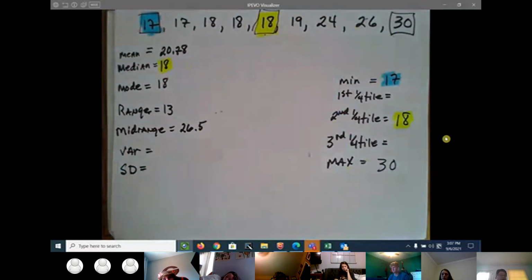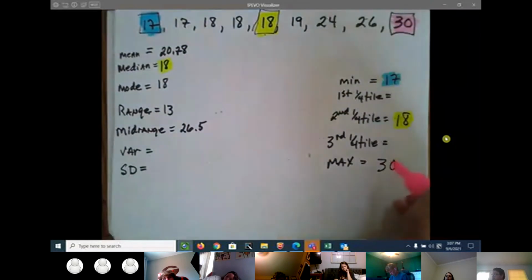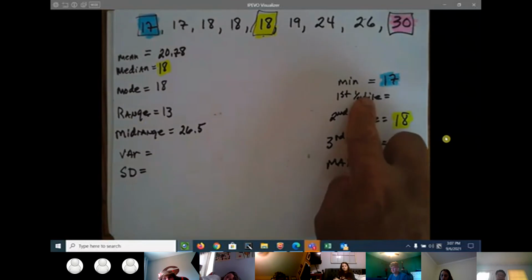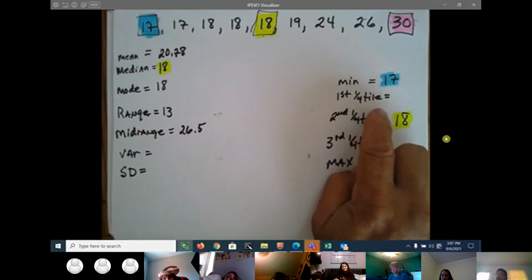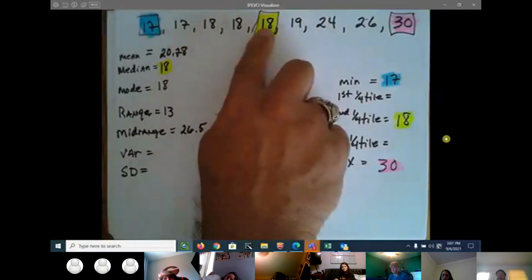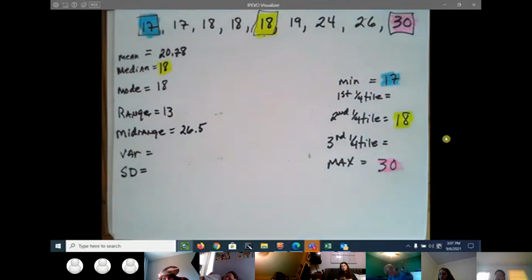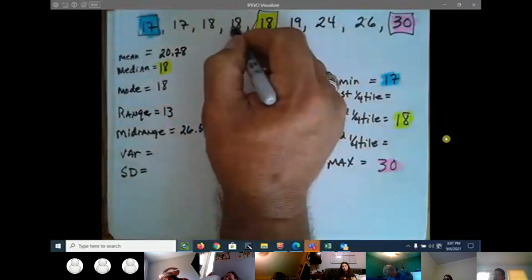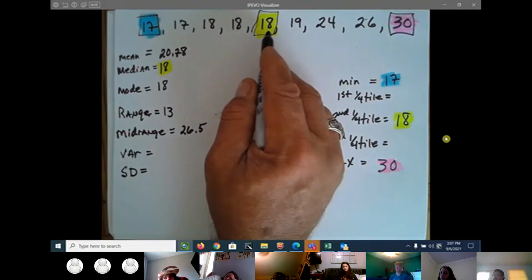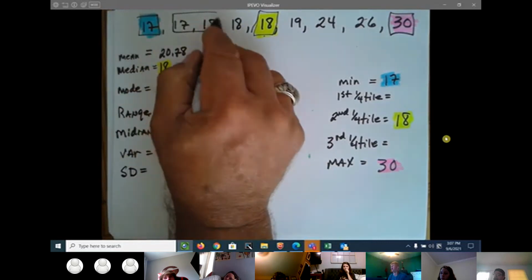And here's the max. So how to find the first quartile? Well, the first quartile is the median of these 5 numbers. So it'd be 18. There's 4, so it'd be these 2.